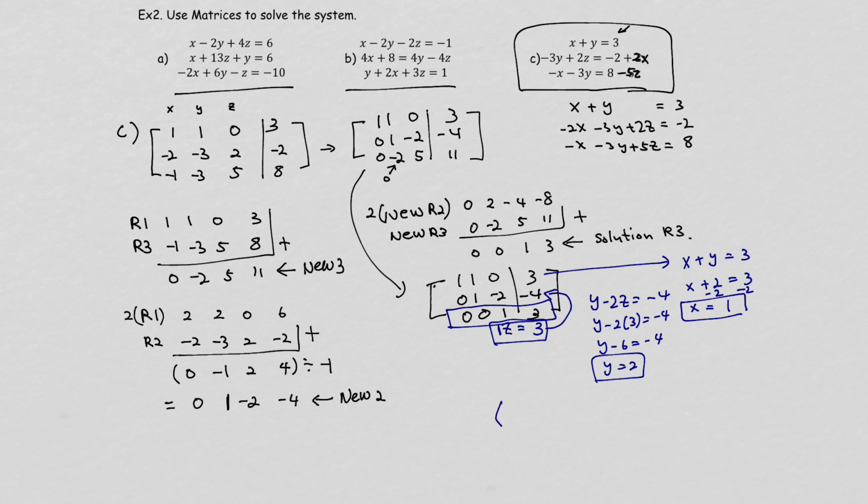So your solution set is x 1, y 2, and z 3. So this is how you're going to use your matrix systems to solve any type of system of linear equations.